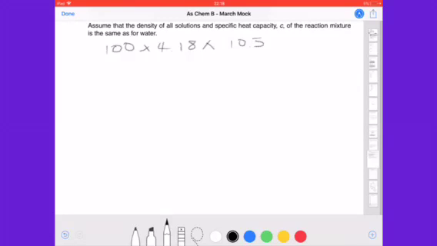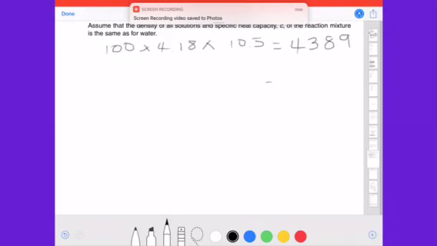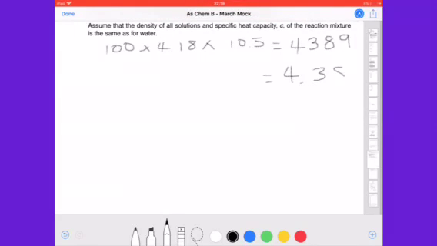That gives you Q, and the value for Q should be 4389. And therefore in kilojoules that would be 4.389.